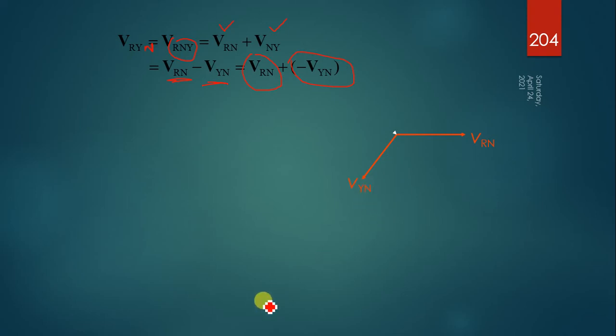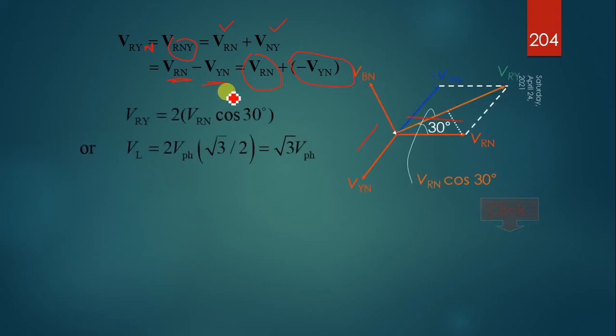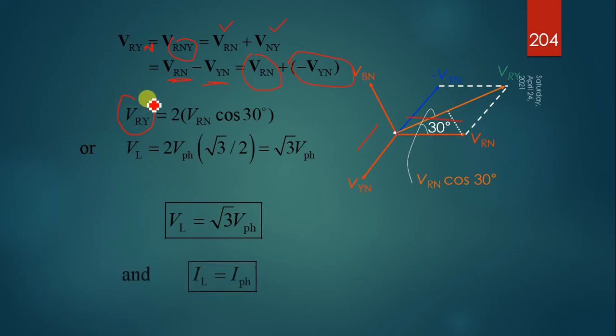Both are exactly in opposite directions. The resultant whatever we get is the third part, where Vry is equivalent to 2 into Vrn into cos 30. That is the resultant we got, right?